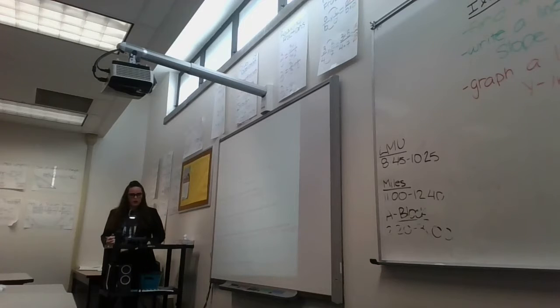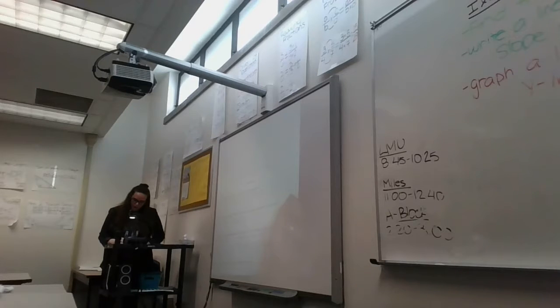Plug in m and plug in b. v equals negative 2,500t plus b, which is 18,000.